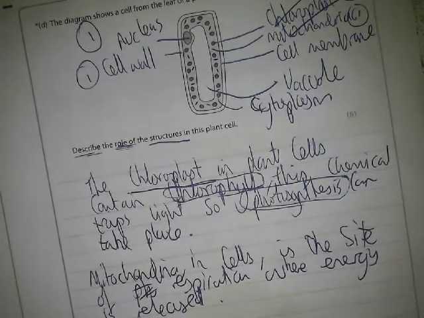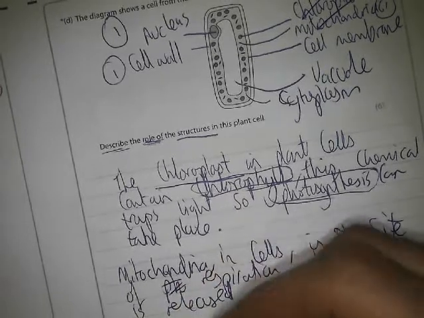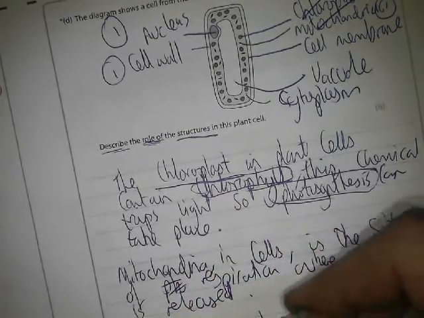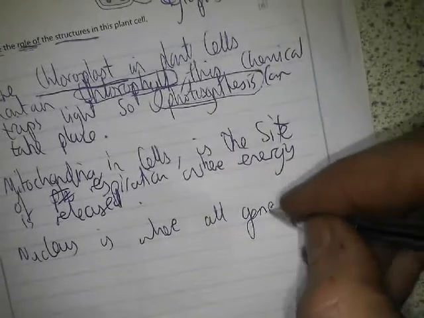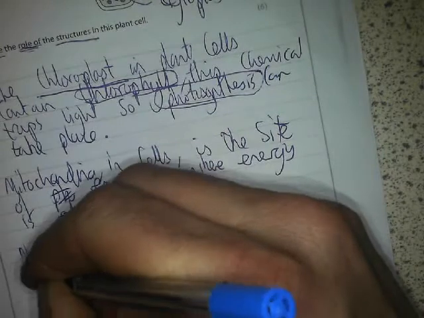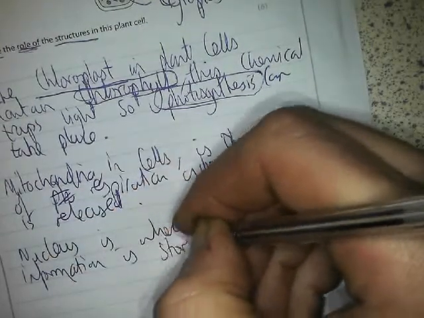Done. Those two done. Nucleus. Nucleus is where all genetic information is stored.